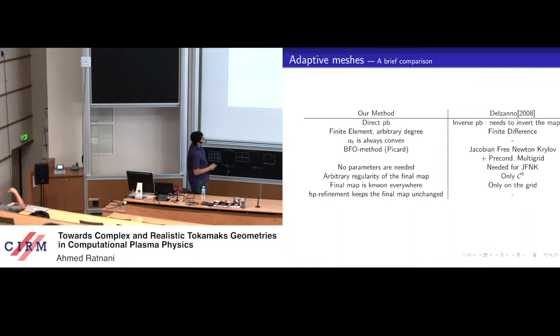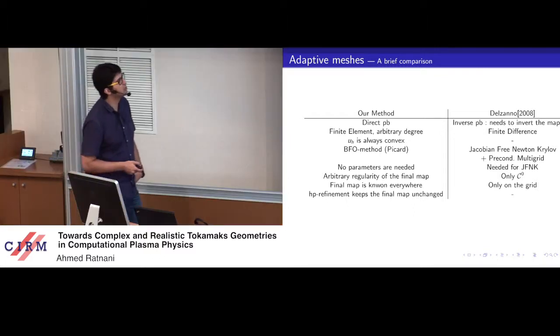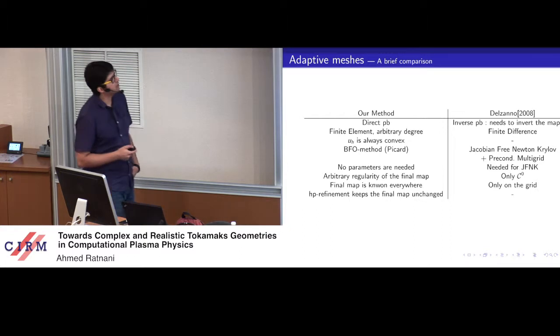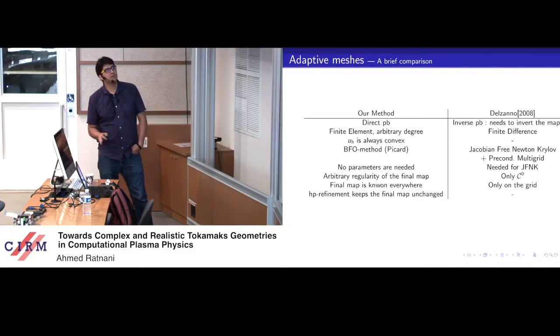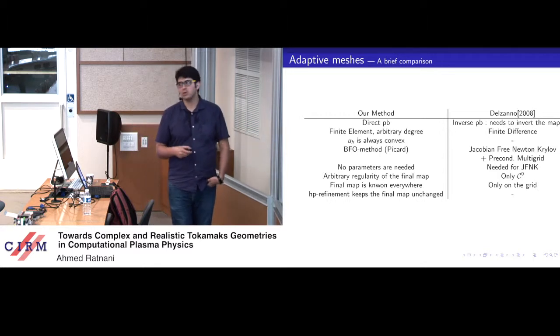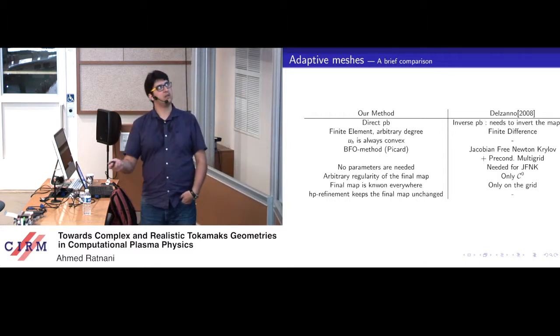Their work is based on Jacobian-free Newton-Krylov using a preconditioned multigrid. There are a lot of parameters that you need to use for JFNK. But in our method, there is no parameter. It's free from parameters. You have the regularity that you want for the mapping because you set it.